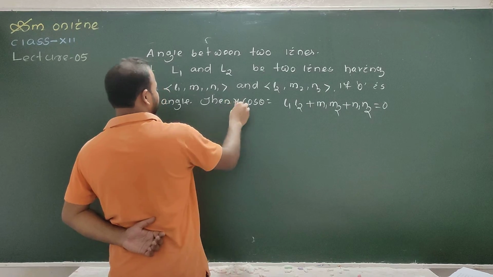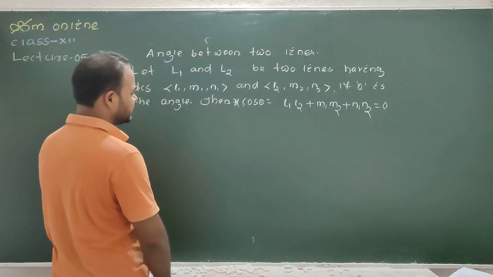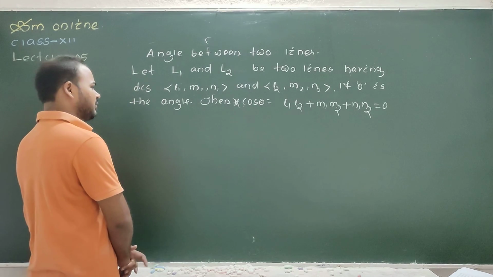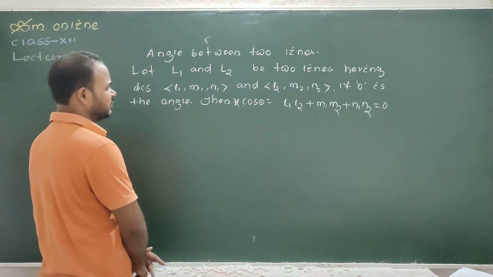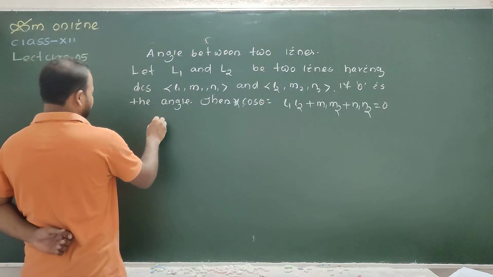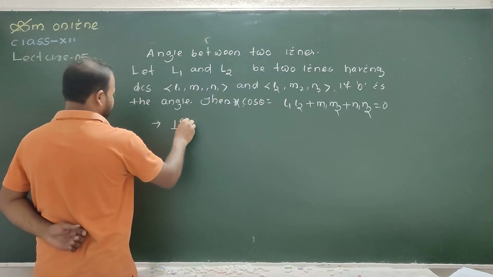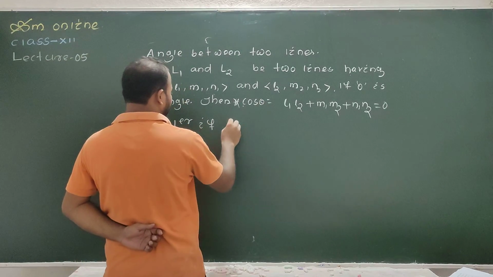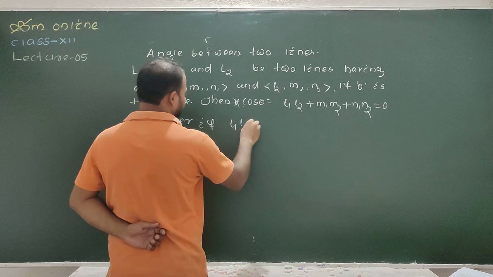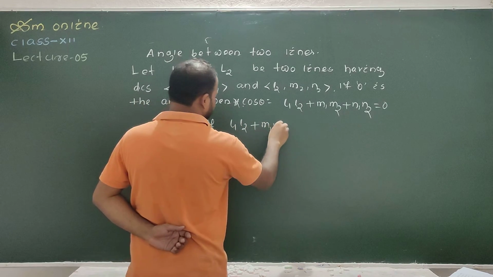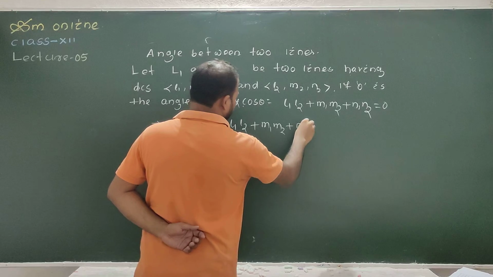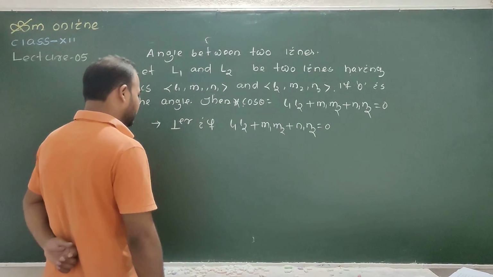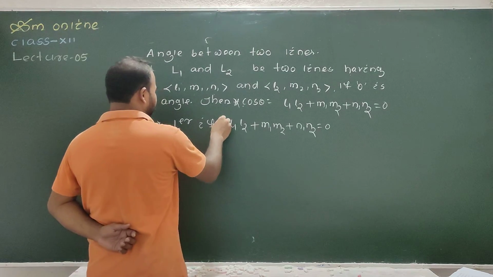This is the angle between the two lines given their DCS. The two lines are perpendicular if this is 90 degrees, that is, L1 L2 plus M1 M2 plus N1 N2 equals 0. This is the perpendicularity case.